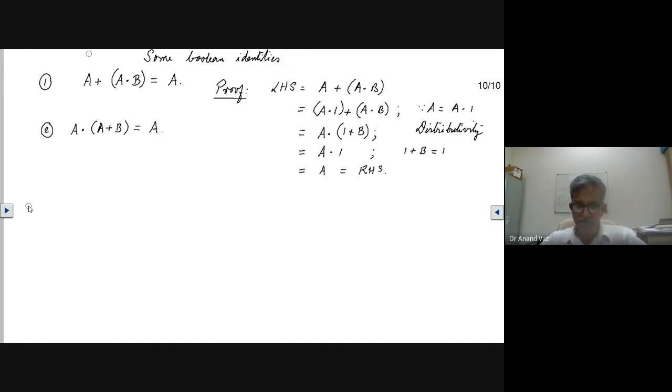We have another identity, that is A or (not A and B), and this is equal to A or B. Okay, so this is another identity I would expect you to prove.